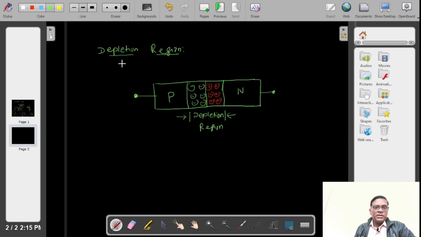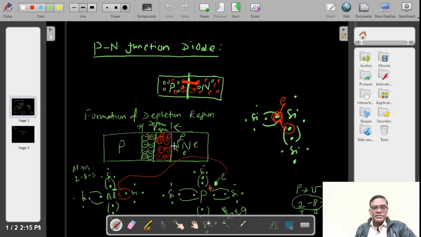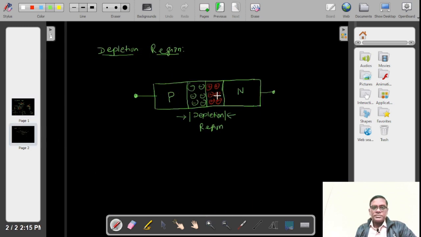Now moving to the next discussion of the depletion region. As we understood here how the charges are formed, immobile charge carriers, that is ions, are formed. Remember that positive ions will be formed on the n side and negative ions on the p side. These charge carriers will not have the tendency to either borrow or donate any free charge carriers. That's why they are called immobile charge carriers.